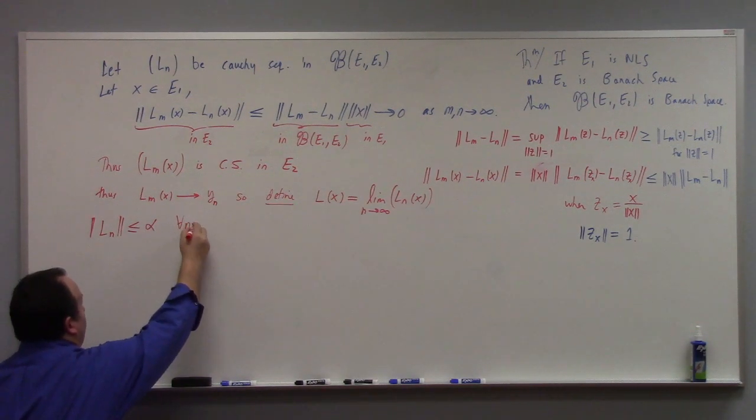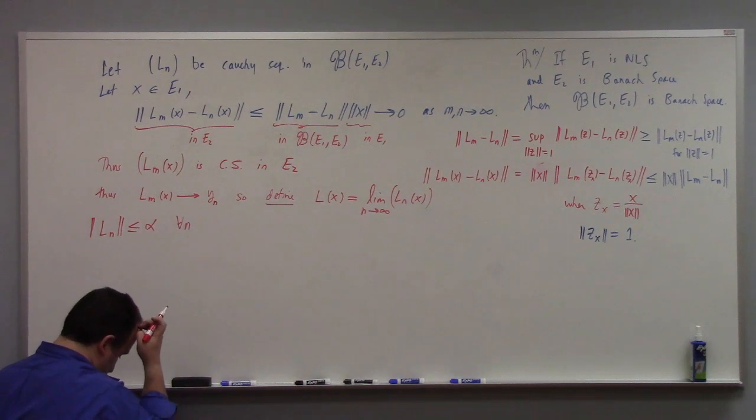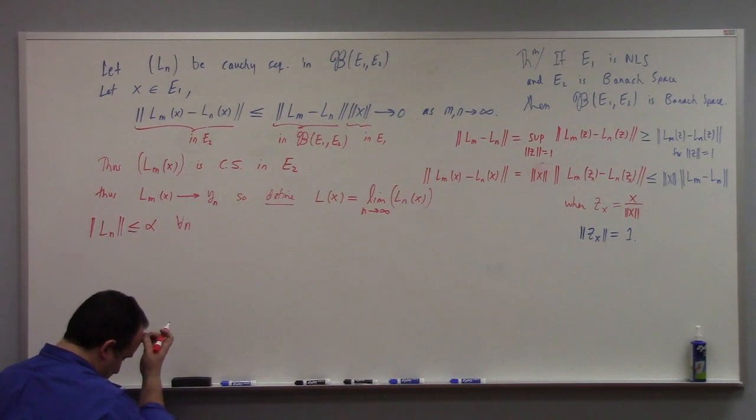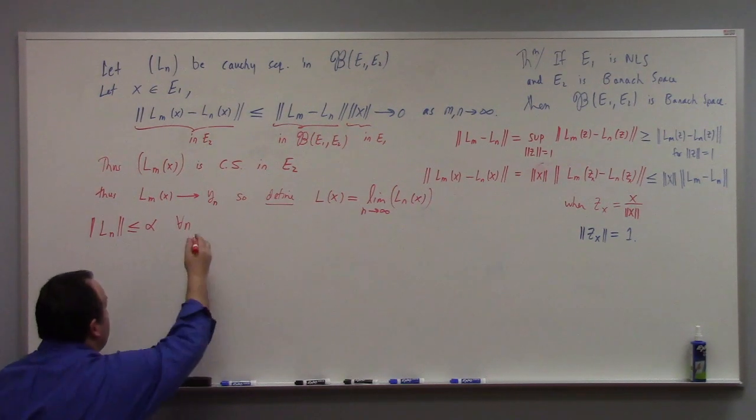Because the norm just defines the supremum over the norm of the elements with norm 1. And so using the bounded definition, then it's just the norm of x is 1, right? Right, that's what he says. He says since Cauchy sequences are bounded, there exists a constant alpha such that this holds for all n in the natural numbers. All right.